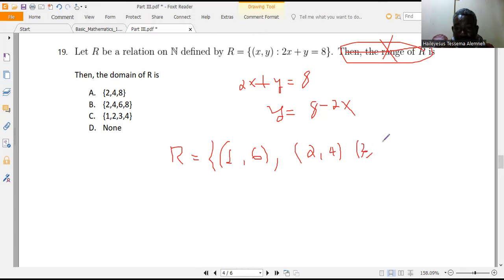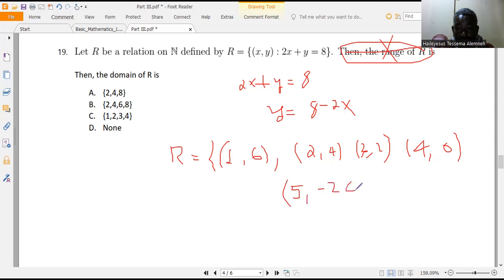When x is equal to 4, it is 8 minus 8, which is 0. And when x is equal to 5, it becomes 8 minus 10, which is minus 2.